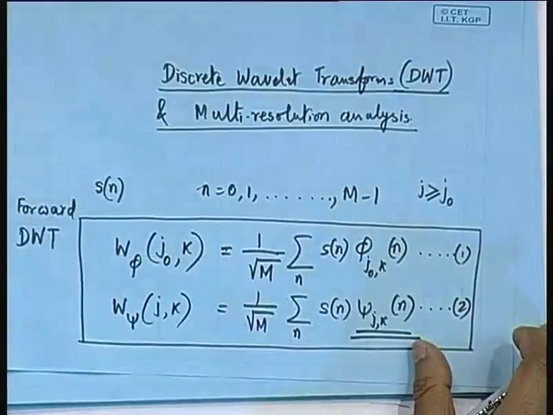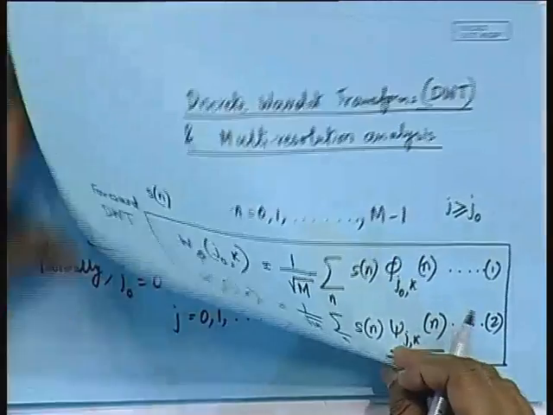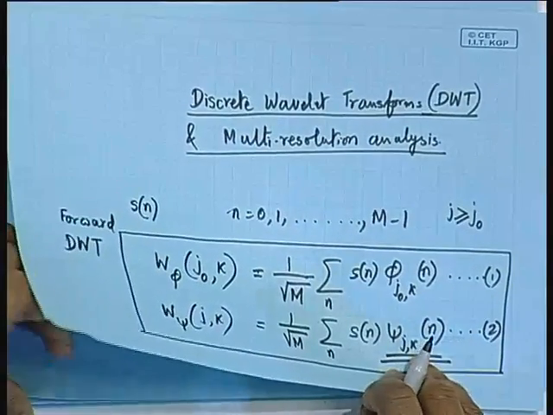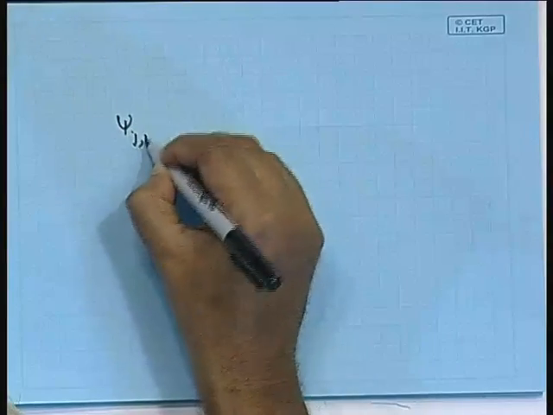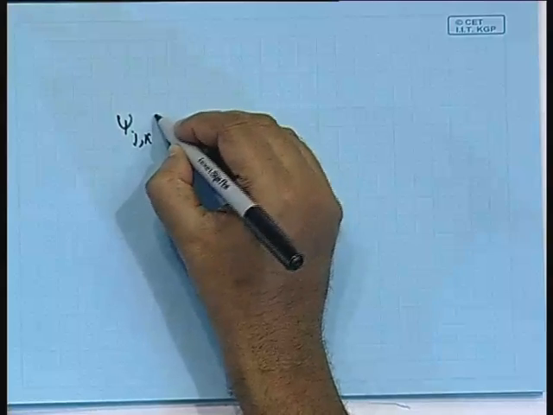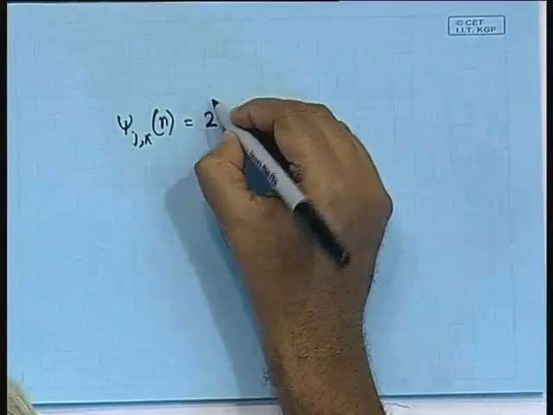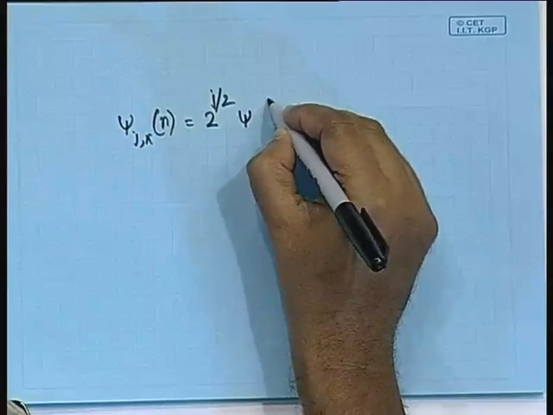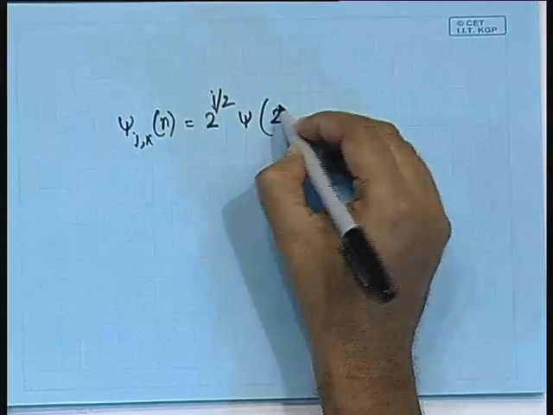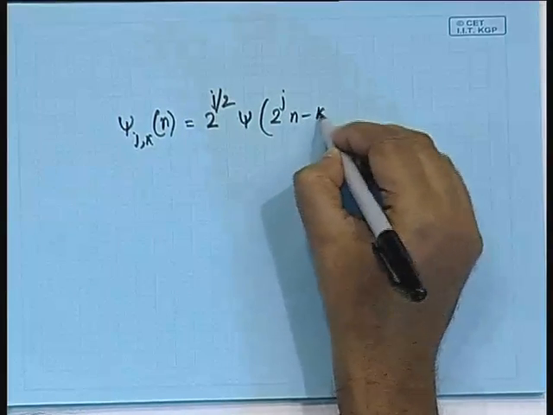So, let us first write down the discrete form of psi j k. Psi j k first we write down, and then we will put that into equation number 2. So, I can write psi j k n as 2 to the power j by 2 into psi of 2 to the power j n minus k.